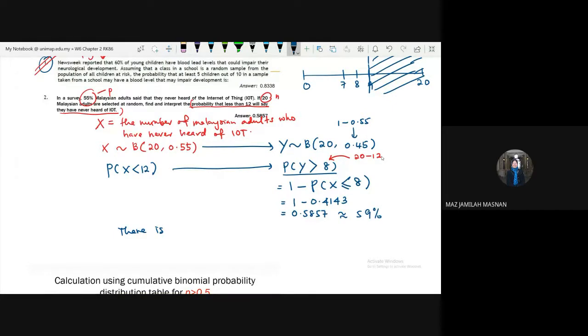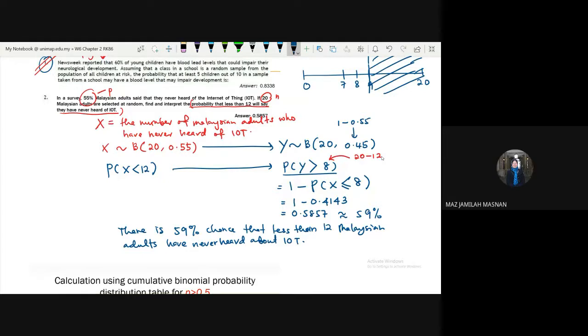There is a 59% chance that less than 12 nation adults have never heard about IoT.